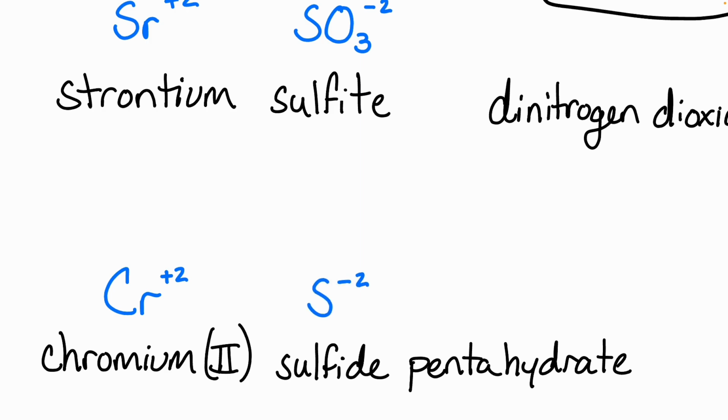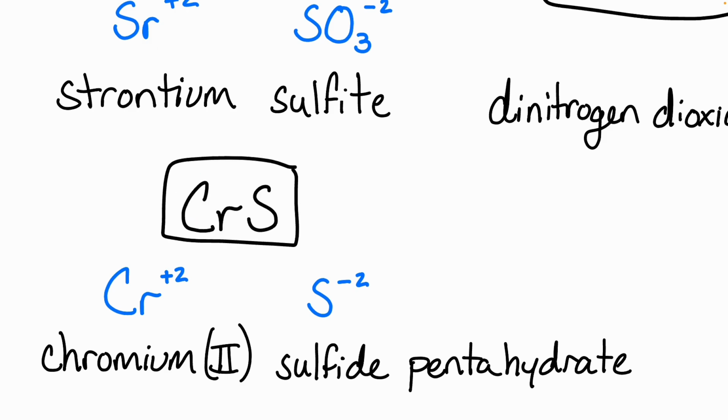I clearly was very creative with my charges here because we're going to play the same game as before, where we do our cross method and they're both 2's, so that's going to simply reduce to just CrS. But for those transition metals, those type 2 ions, remember that Roman numerals in parentheses tell you the charge on that ion.